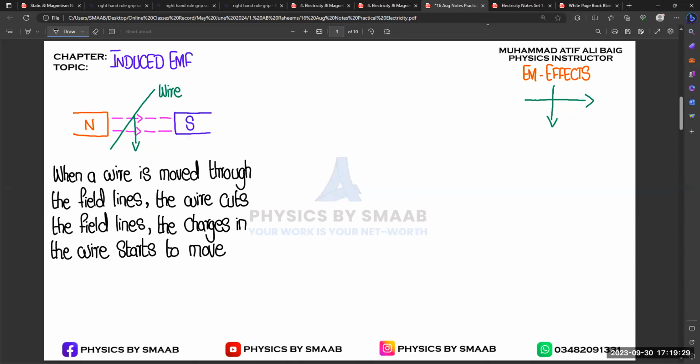But this time we are not using any source. There is no source connected in the whole diagram, in the whole circuit, but still there is a quantity of electric current, right?